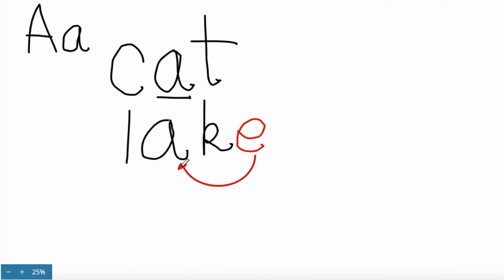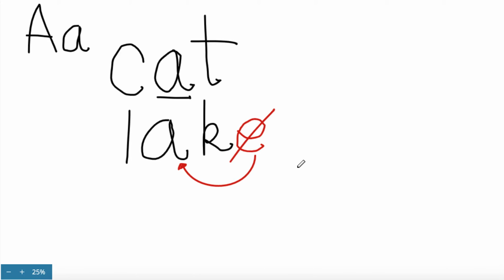And it's going to make its long sound. As we talked before, the long sound for letter A is A. And this E at the end is called magic silent E. It's called silent because although it's there, it does not make any sounds.